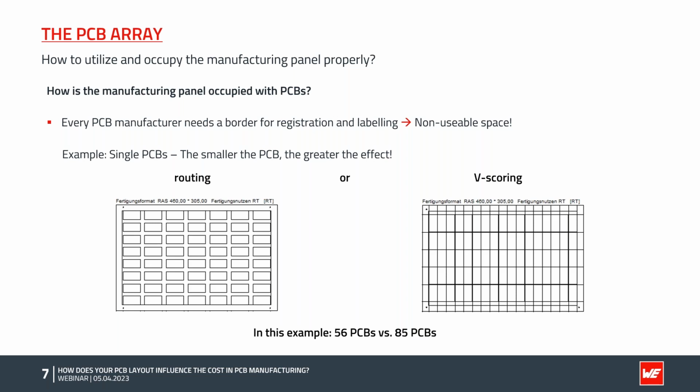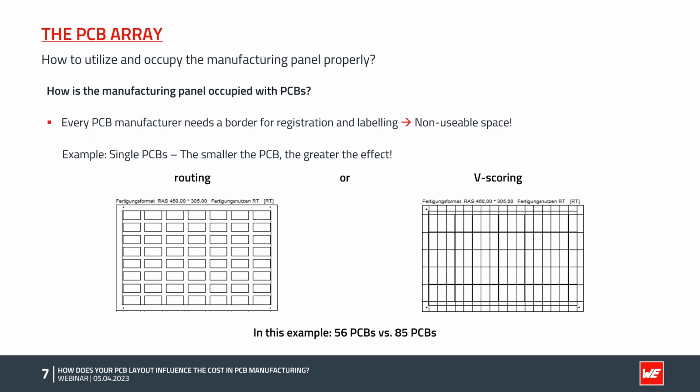Breaking out means that you have to have a closer look at your components, especially if you have ceramic components. You need to look at how far away they would be from the breaking area. So this is one drawback you have to look at, because V-scoring is still some kind of breaking of material to singularize the PCBs. But if you have the information, you can check if it works.